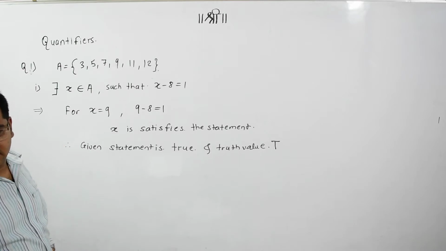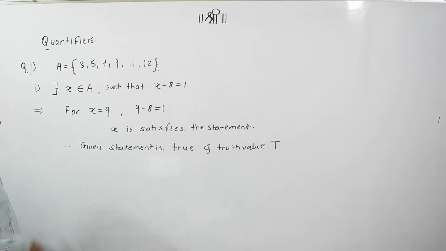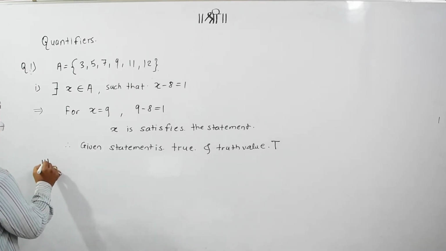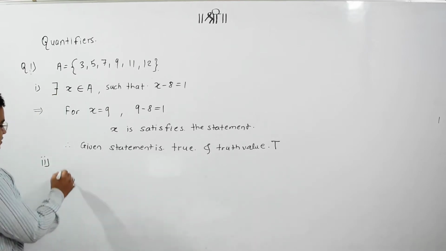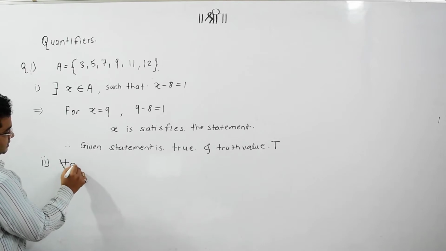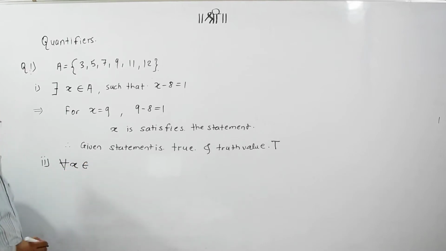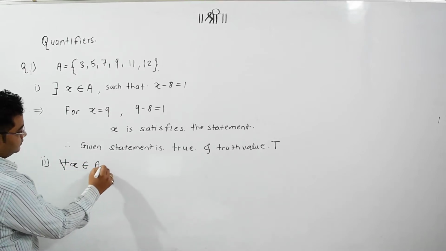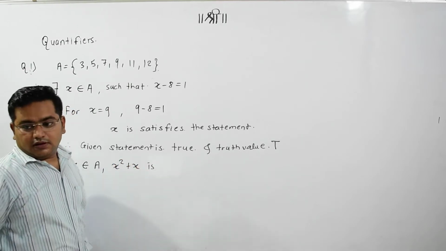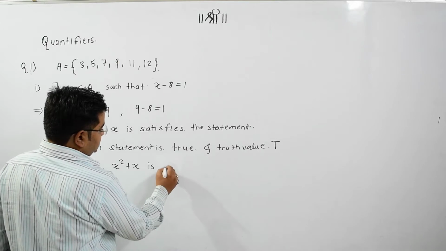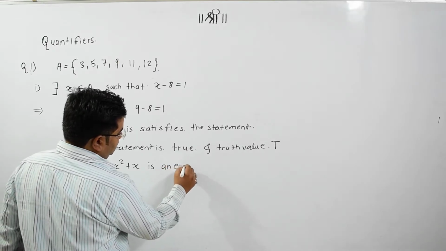Now the next question within question number 1, question number 2 of question number 1, says something like this. The given statement is for all x belongs to A, x square plus x is an even number.